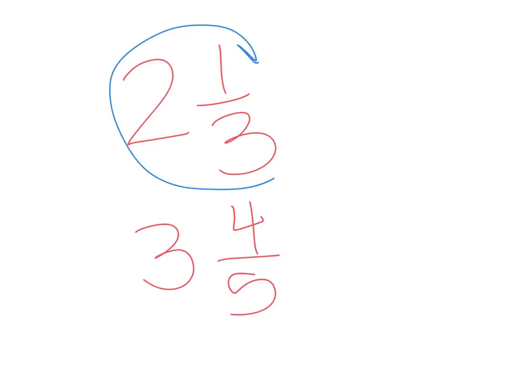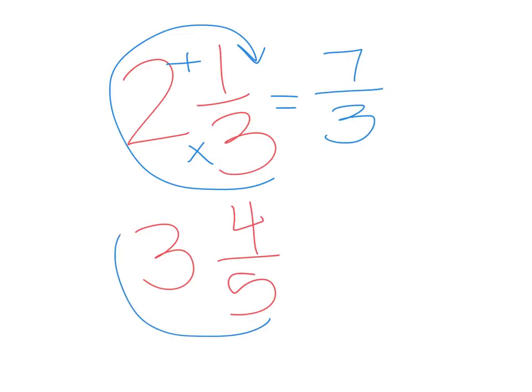So you're going to cartwheel around, and then you multiply and then add. So 2 times 3 is 6, plus 1 is 7. Denominator is 3. So we have 7/3. This next one, we're going to multiply around, add 4. So 5 times 3 is 15, plus 4 is 19. Denominator stays the same of 5.